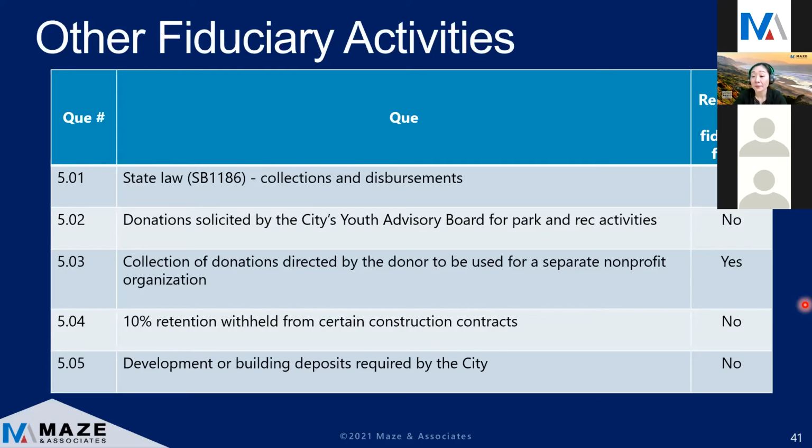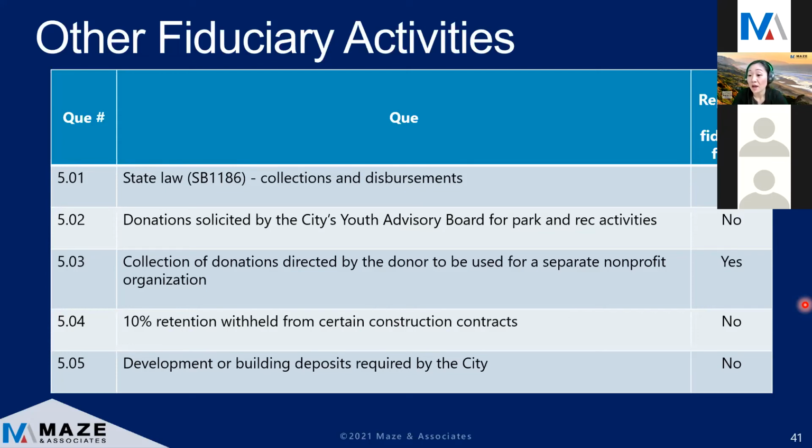Let's say number 5.02: maybe you have donations that your youth advisory board has collected, and they're supposed to fund your organization's programs. That should be reported as revenue, because you're funding programs of your own organization. So you're the beneficiary of these assets.